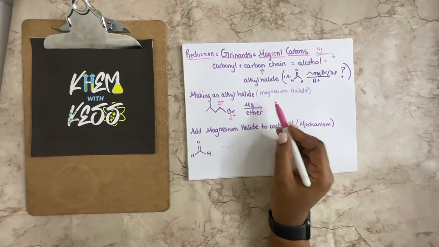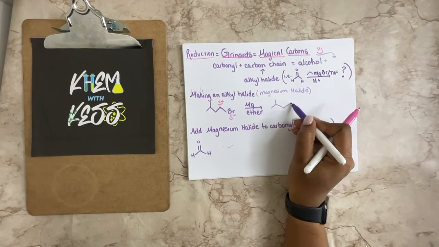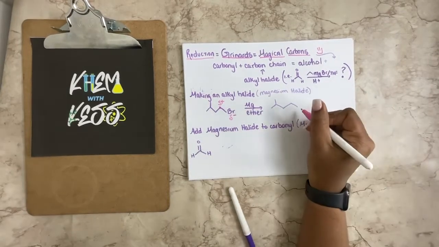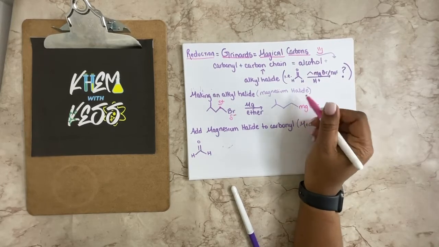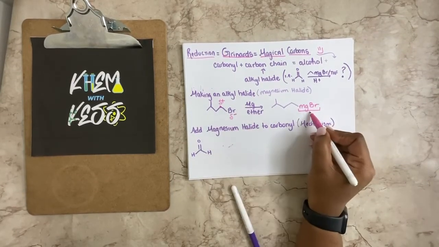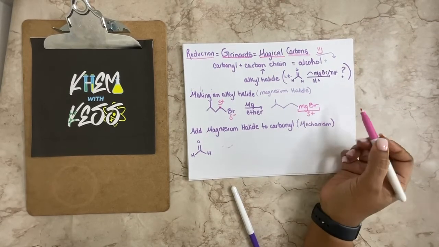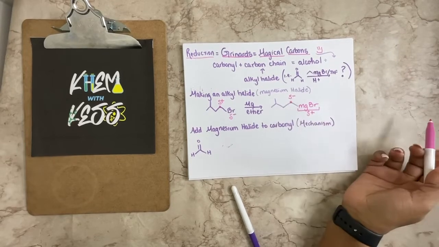So when we end up adding magnesium to the situation, it's going to change the polarity of the carbon. So all of this, instead of being electronegative, this whole thing becomes electropositive, and the carbon actually becomes electronegative.